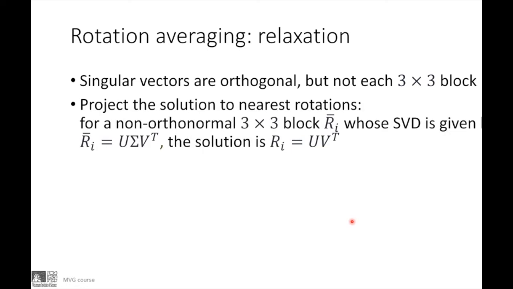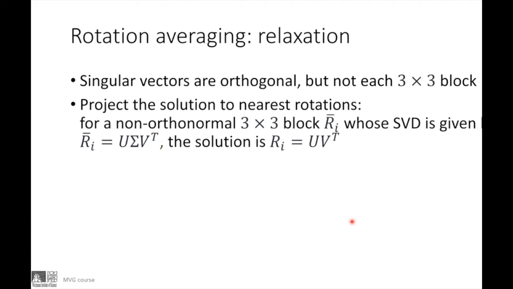So we need an extra step where we project the solution, which contains the 3 singular vectors of lowest 3 singular values, into nearby rotations. What we do is we take the 3 by 3 blocks from this solution.